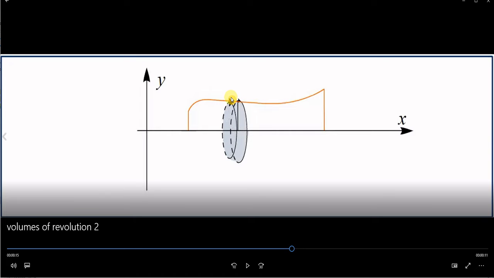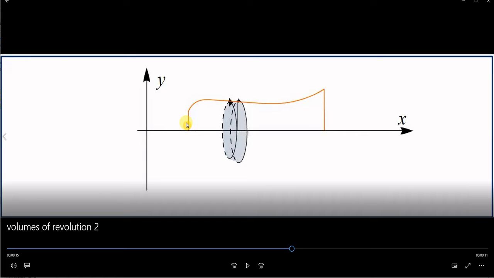The volume of a cylinder is pi times r squared times h. The cylinder has a radius r, and its height is the distance between these two discs, which is dx. So it's pi times y squared times dx, because this is a y value there. That's the volume of this little cylinder.